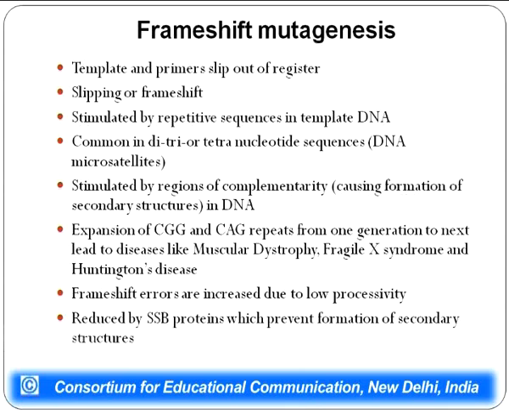And many human genetic diseases are caused because of increase or decrease in the number of these di or trinucleotides. For example, Huntington disease and muscular dystrophy are some of the diseases which are caused whenever there is an increase in the number of CGG or CAG repeats in the DNA of the organism.